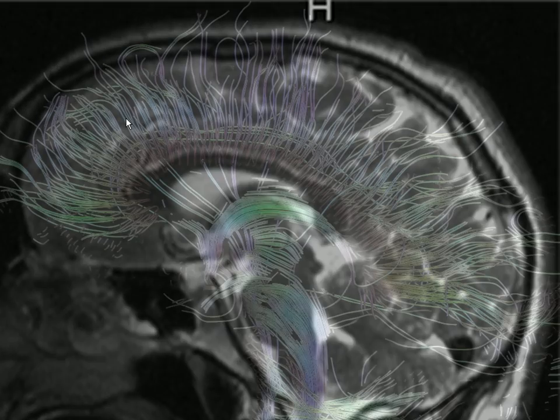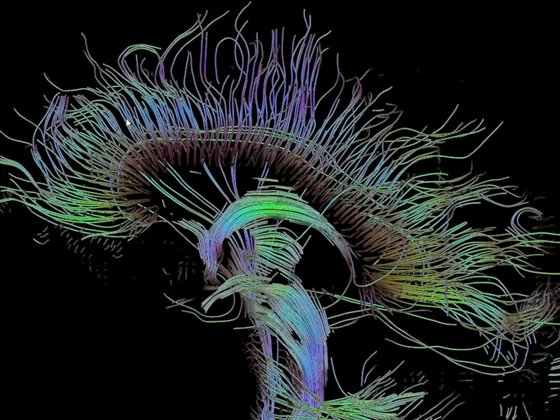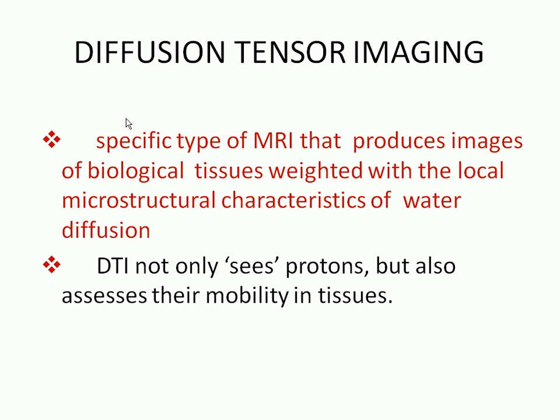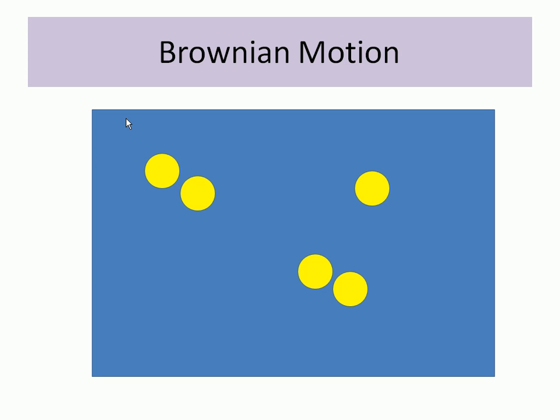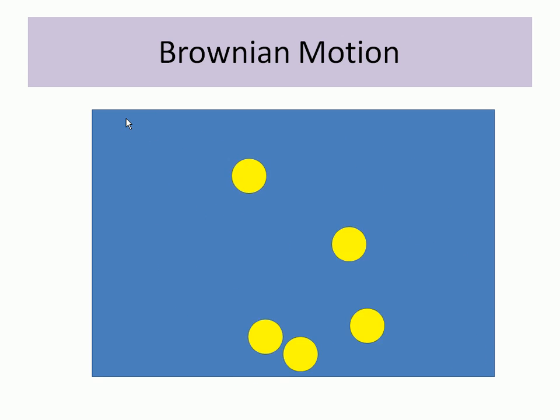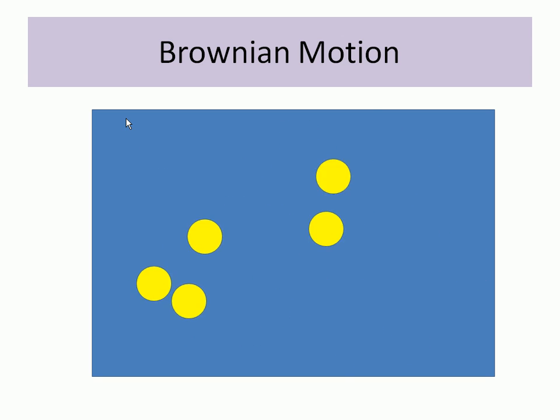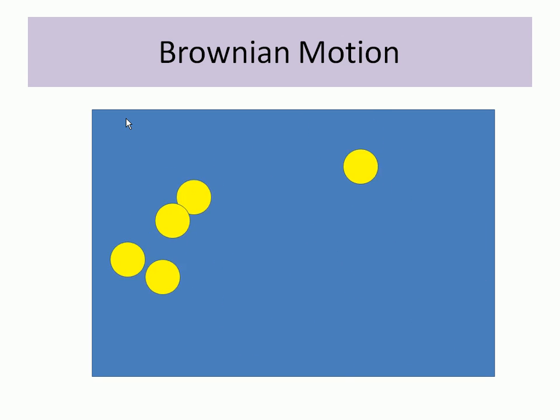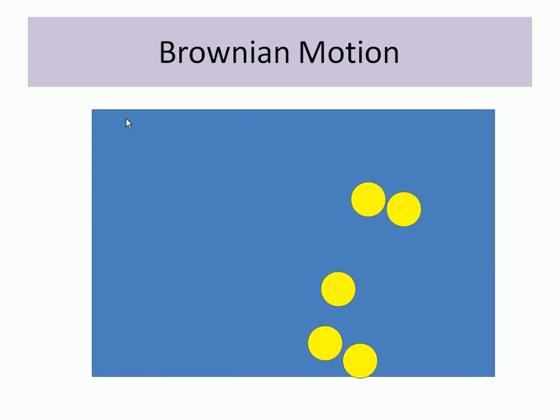But if you have to go to the next stage of looking at the fiber, you need to go one step ahead. DTI not only sees protons, which is the water molecule, but also assesses their mobility in the tissues. Now we all know from our physics that every single live particle has a random incoherent movement called Brownian movement. This occurs everywhere.